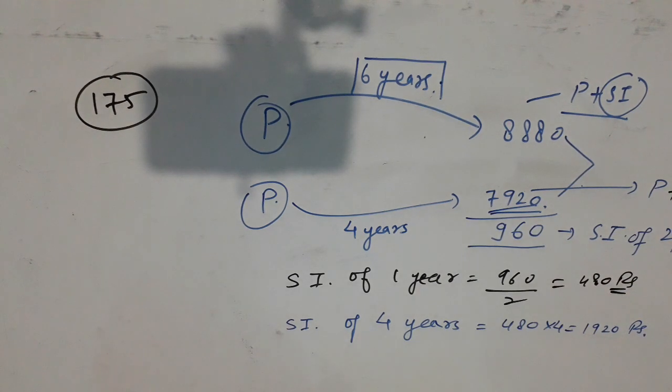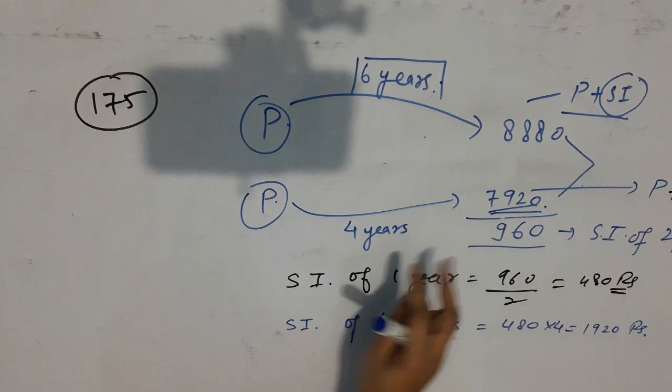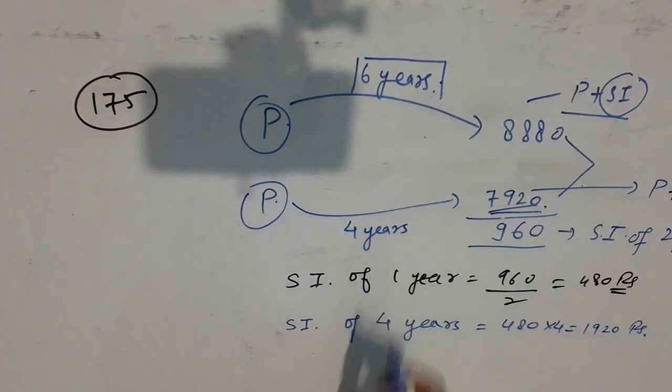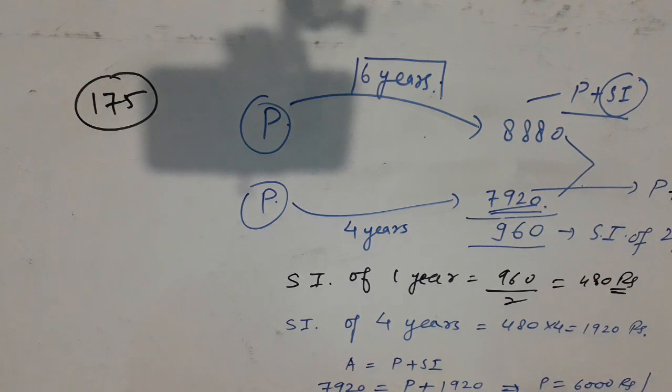This is the amount which is paid after 4 years. Means A is P plus SI. Amount is 7920 for 4 years, and P we don't know, and SI of 4 years is 1920. From here you can find P. P will be 6000 rupees, and the option is C.